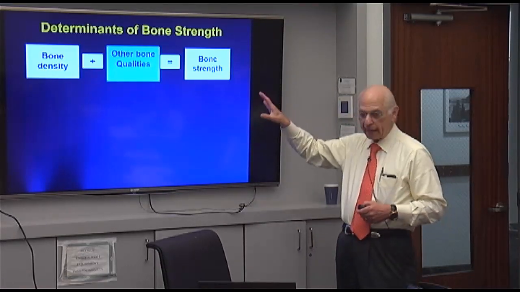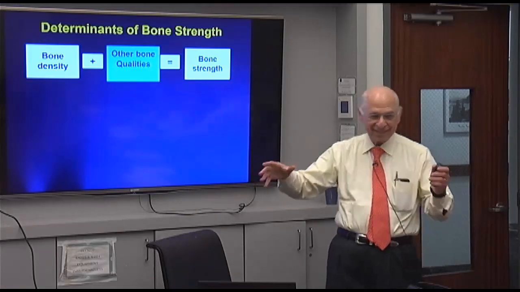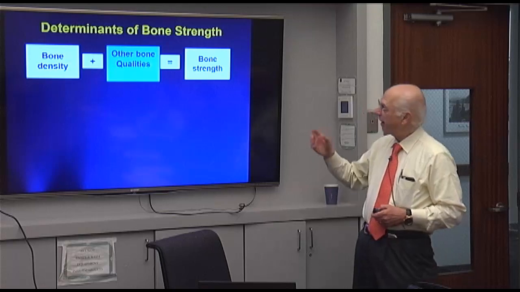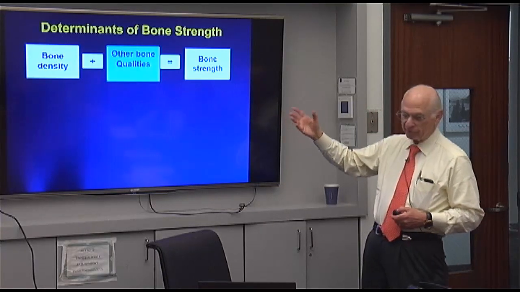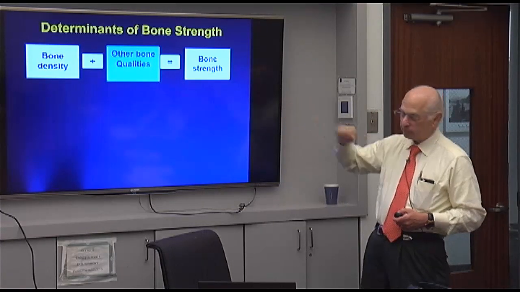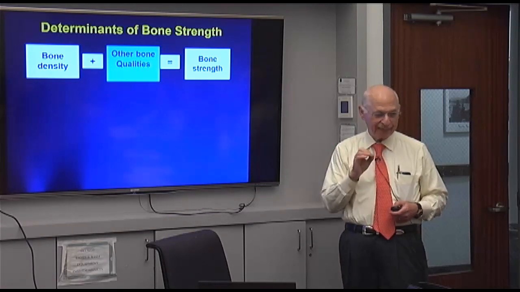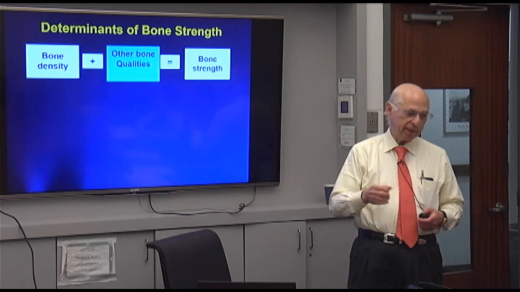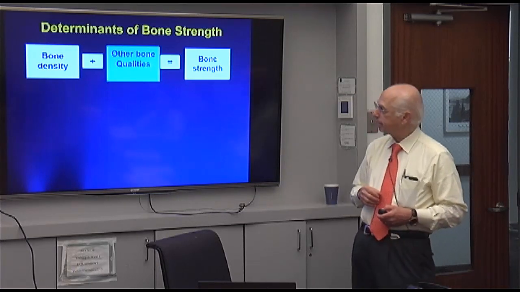Now, we're going to change our hats. Now we're going to talk a little bit more about bone biology and these notions that we've talked about before. We've spent a fair amount of time talking about bone density and how important bone density is as a predictor of fracture risk.